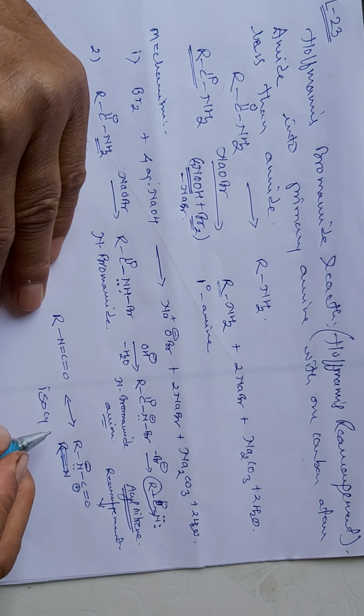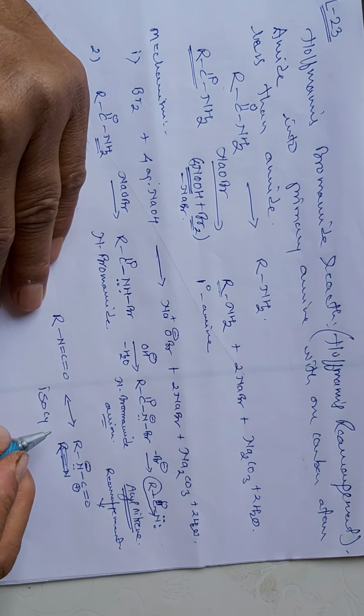Once the isocyanate is formed as an intermediate, it immediately undergoes hydrolysis, and after hydrolysis it gives you the formation of RNH C double bond O OH.